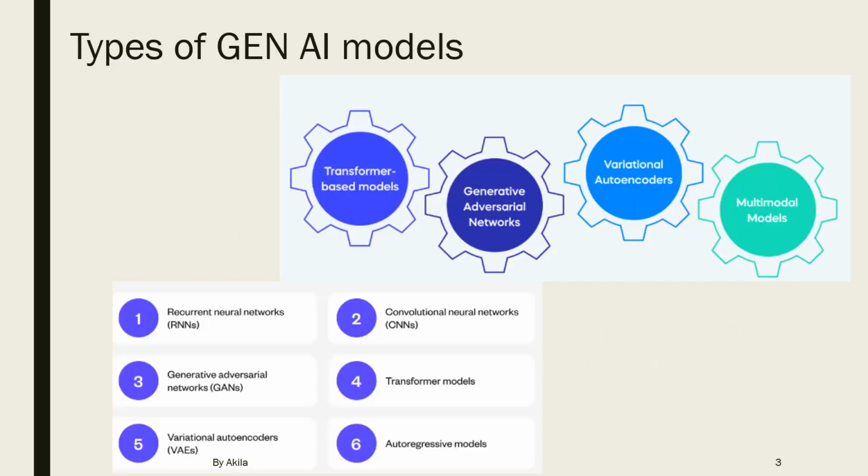So these are the types of Gen AI. Already we have studied RNN, that is recurrent neural network, in machine learning algorithms, and then convolutional neural network, which comes under the neural network models, and then GAN, which is generative adversarial networks, and then transformer models, variational autoencoders and autoregressive models. Autoregressive models we have already studied in our data science concepts.